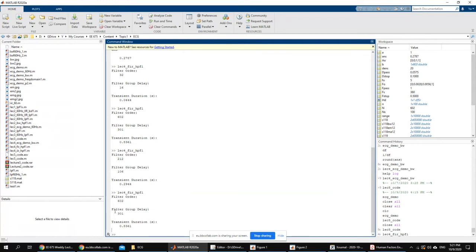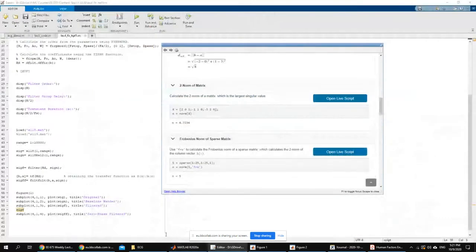It's the number of samples where the transient will be present. So I'm going to take that sig f from 1 to n over 2 and make it equal to nothing.